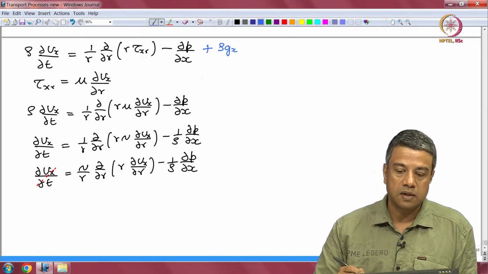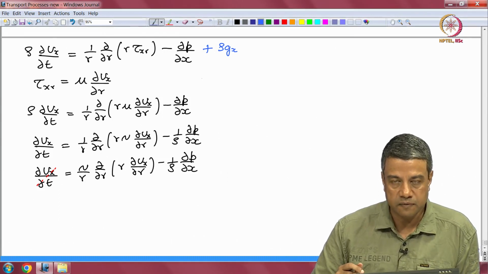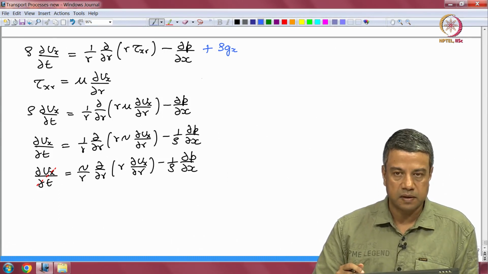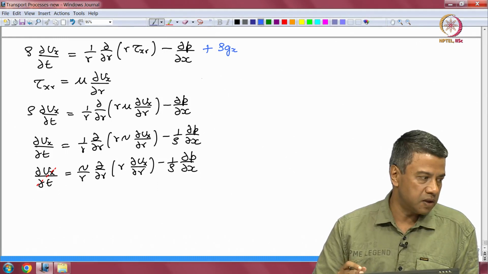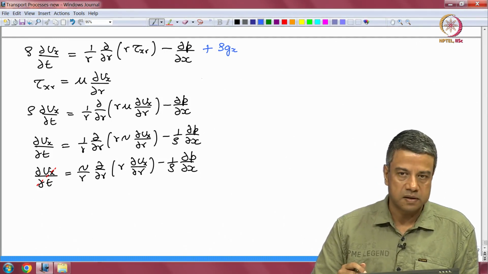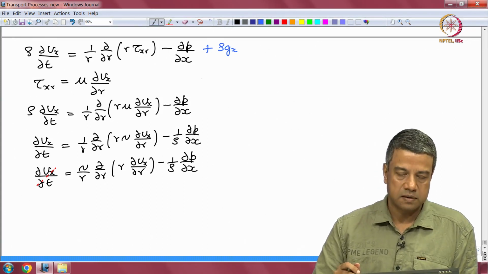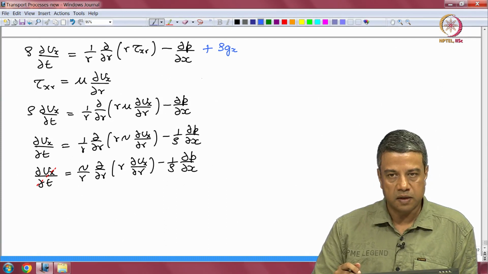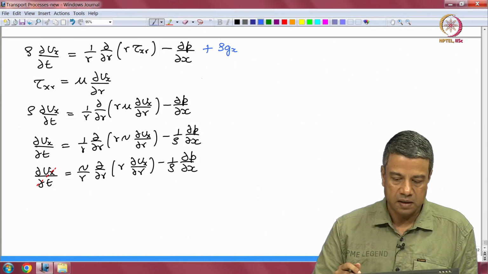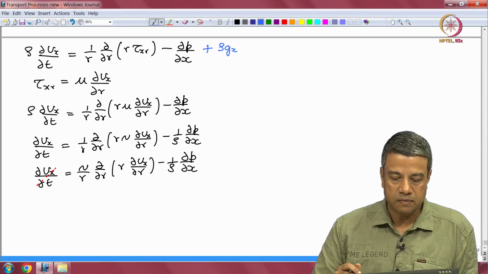I also told you that if you apply a particular pressure difference across the ends of the pipe, and if rho gx, the body force, is a constant, then the pressure is a linear function of x. You can easily verify by just taking the derivative with respect to x.